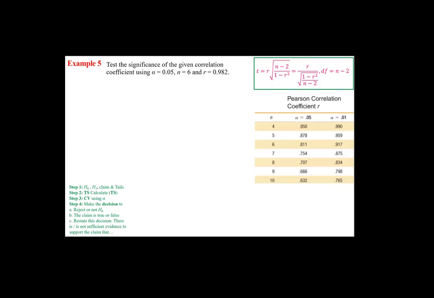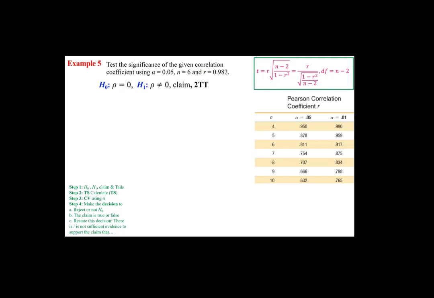The very first step, as you know, is H0 and H1. H0: rho equals 0, H1: rho is not equal to 0. If you're interested in checking for a relationship, we are claiming that H1 is true, and that is always a two-tailed test.